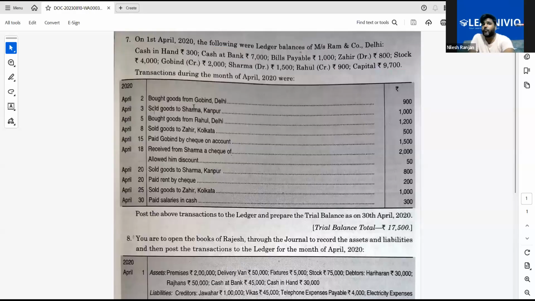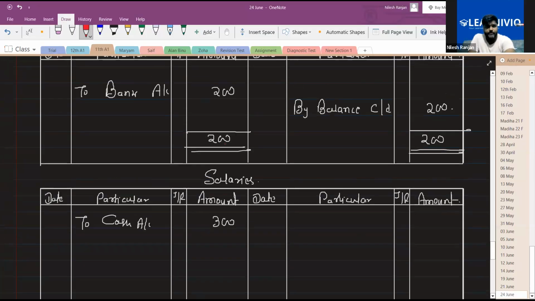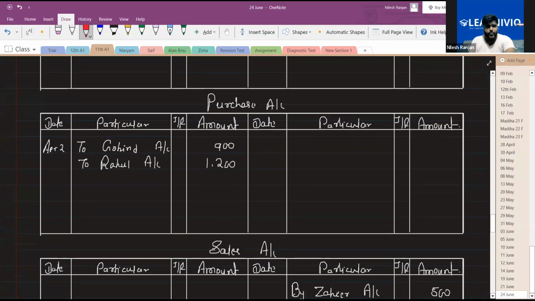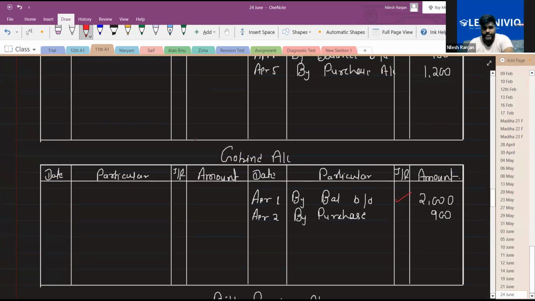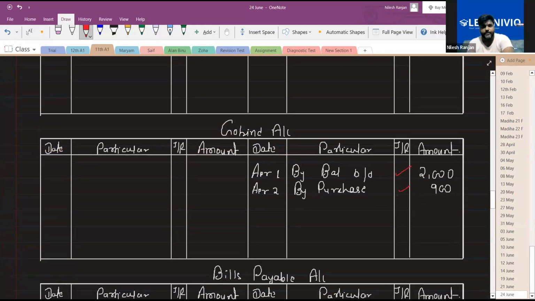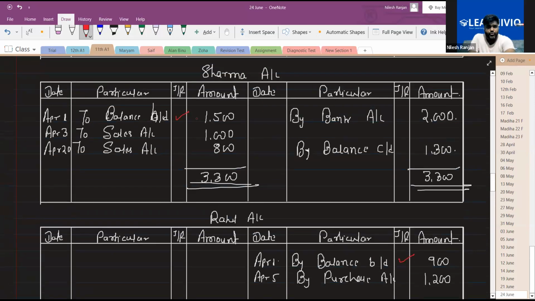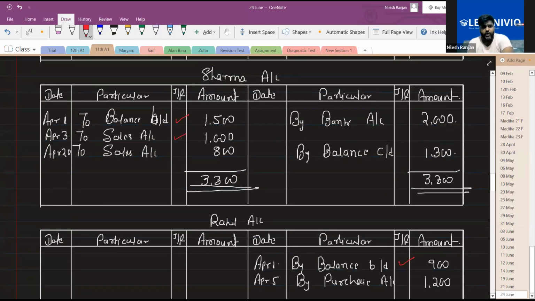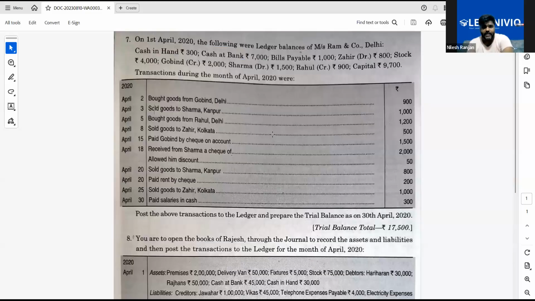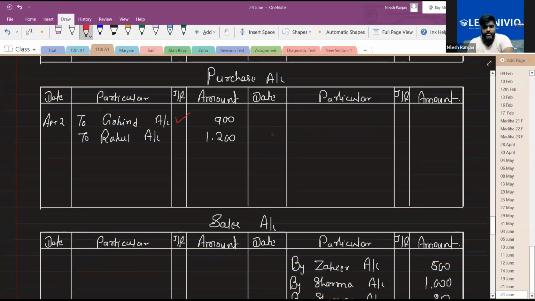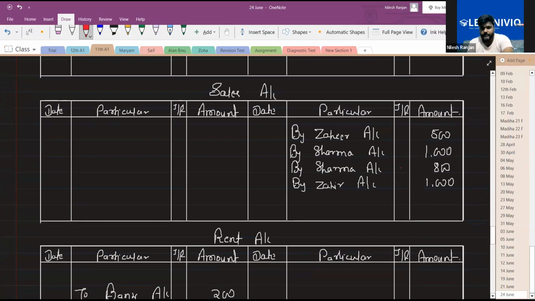Now about goods from Govind. So purchase account debit to Govind. It will go on the debit side of purchase account. So purchase account debit to Govind, and in Govind account it will be by purchase 900. Done. Sold goods to Sharma. So it will be Sharma account debit to sales. In Sharma account on the debit side to sales 1,000, and in sales account it will be by Sharma 1,000.